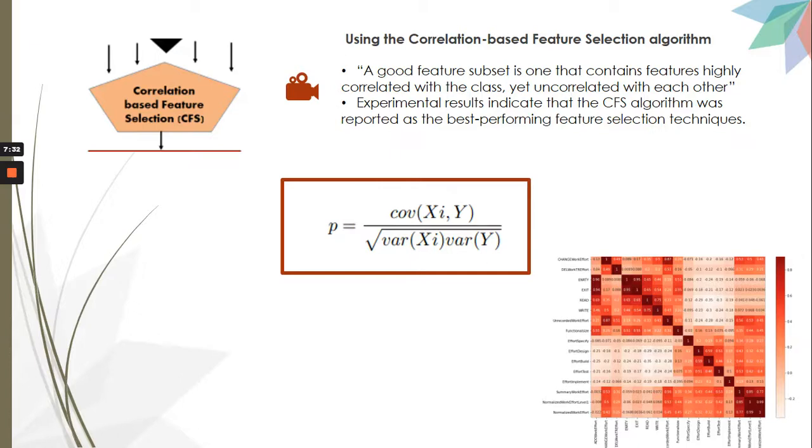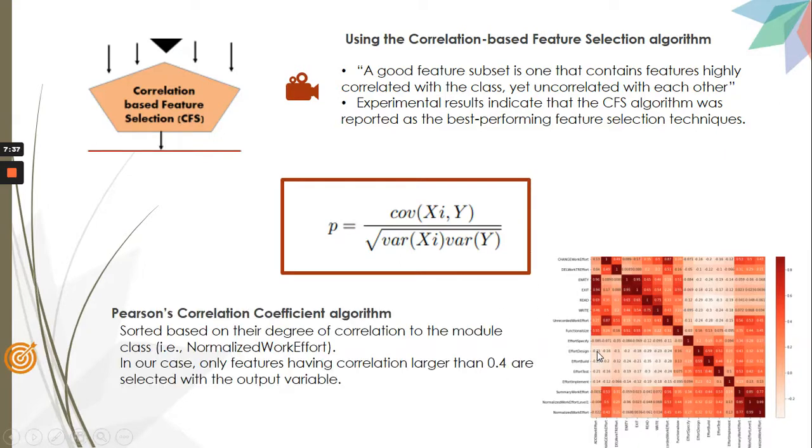In our case, we will plot the Pearson correlation heat map. The use of the Pearson correlation algorithm provides a list of features that are sorted based on their degree of correlation to the model class, meaning the normalized work effort, the enhanced work effort. In our case, only features having correlation larger than 0.4 are selected with the output variable.